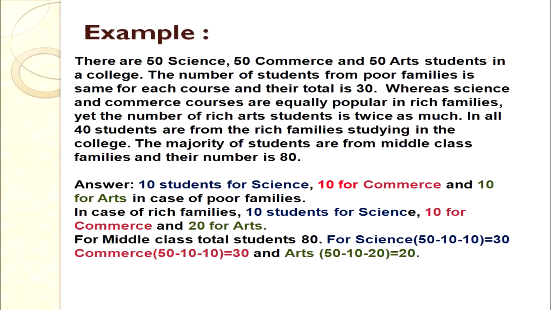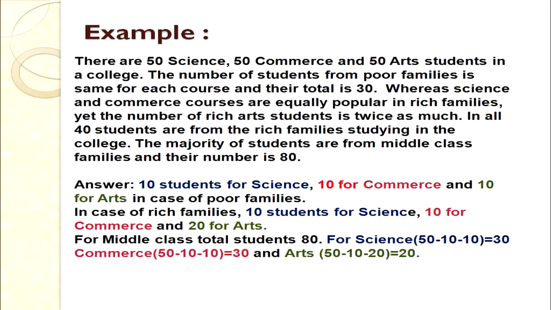Now, for the middle class, the total strength is 80. Here we need to calculate it by subtracting what we have got, because in the top line it is given that there are 50 science students, 10 for poor families we have done. Then we have discussed 10 for rich families. 50 minus 10 minus 10 gives you 30 for science.